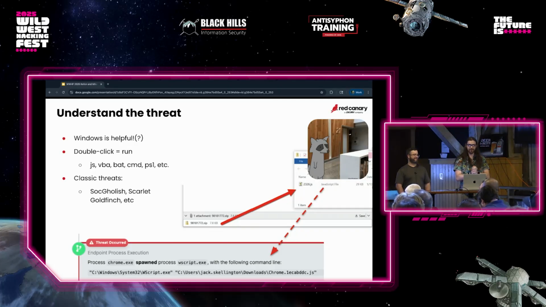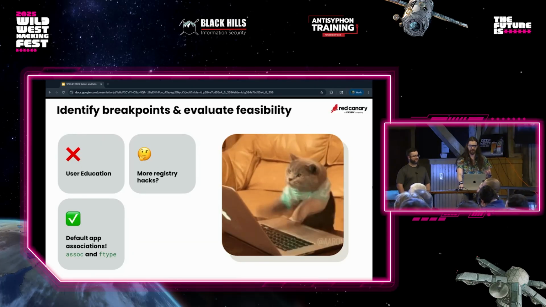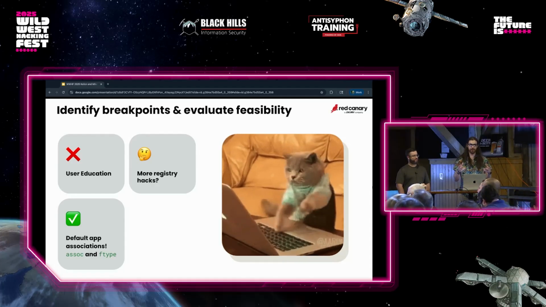And as Mike was just talking about, when you double click on an unknown file, you get presented with that context menu of how would you like to open this? So we're going to dig into that a little bit. But how do we stop the user from double clicking on that JS file or whatever to then prevent the code execution? I sat down and I brainstormed on this, and I said, you know, we could do user education.